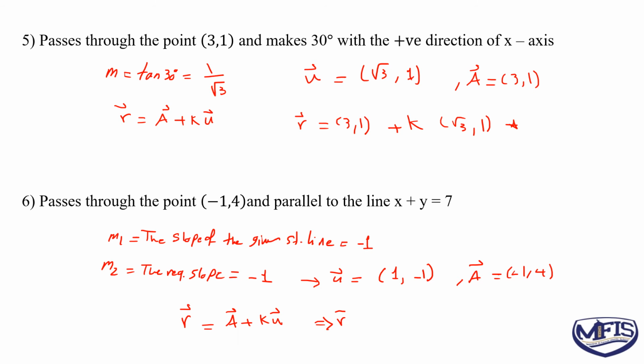So the r vector is represented by a, which is (-1, 4), plus k multiplied by the vector u, which is (1, -1). So this form is the required form, which is the vector form.